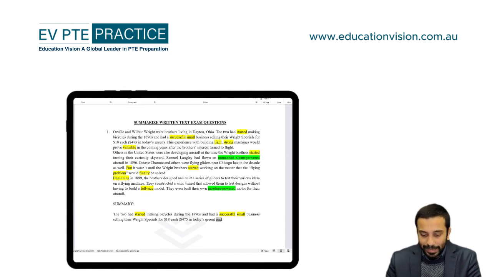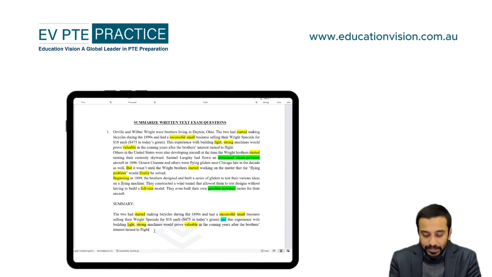Always choose the word and as the first connector. It is also the safest connector as well. And the next is the second idea that I will take. Remember, it has to be a one sentence summary, no full stops in between, and after and, this T, I will make it small. Two ideas done. Now I need my third idea.